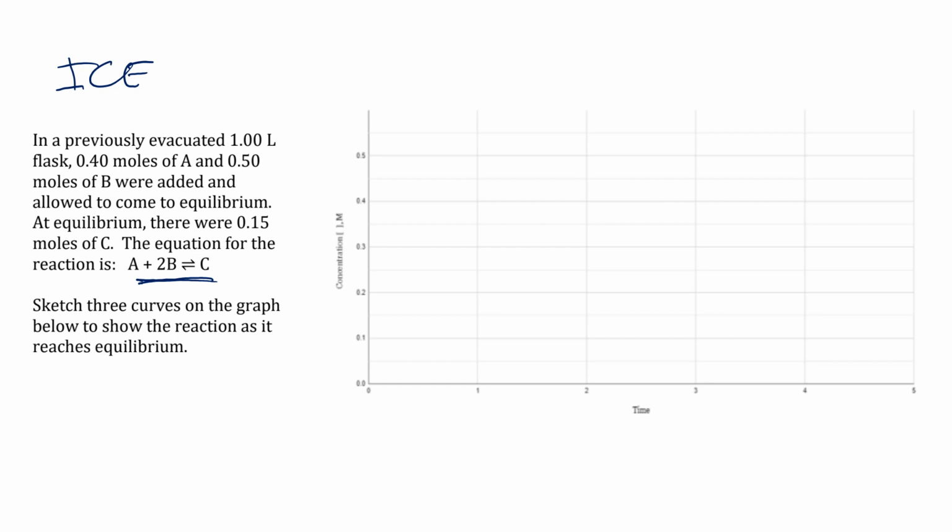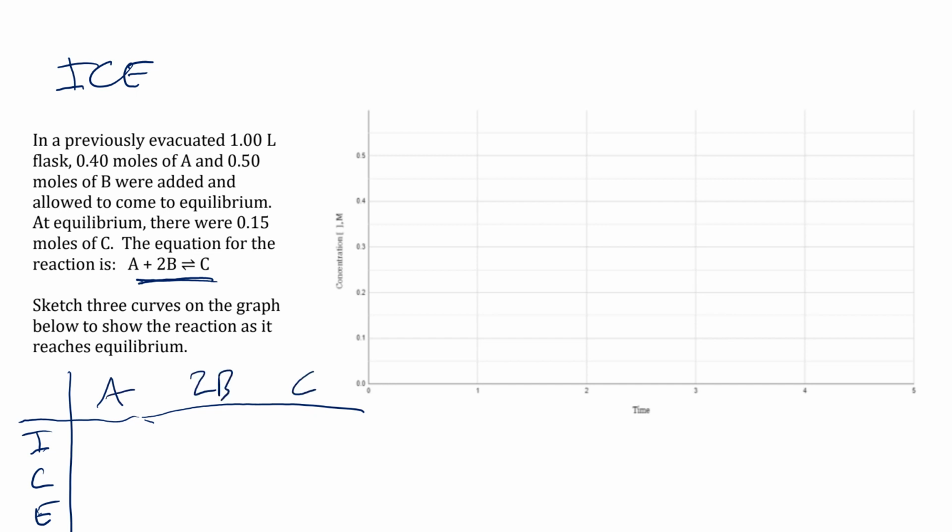So to figure out where we're going to be, we need to create something called an ICE chart. That stands for initial, change, and equilibrium. So we have A, 2B, and C. I want to make this color coded.